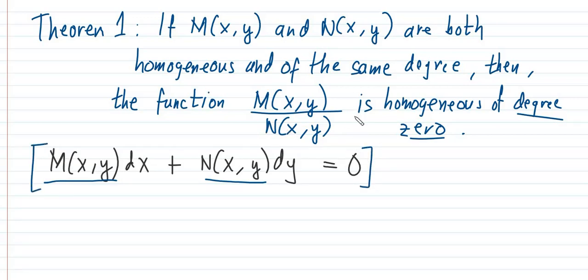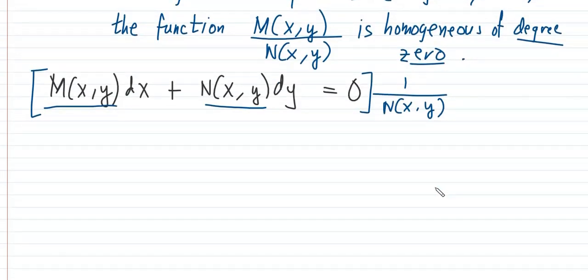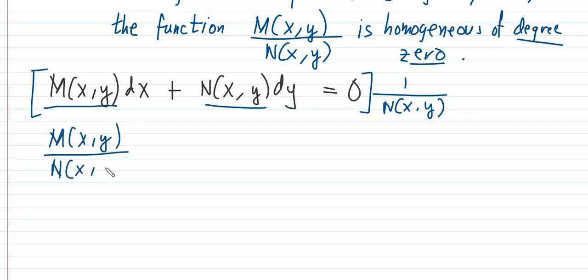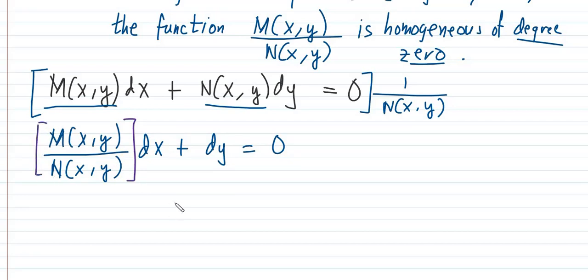Let's go through the theorem and apply it to our differential equation. I will divide by N of xy, and I should have M of xy over N of xy dx plus dy is equal to 0. This division will produce a new function, of course, because you divided.